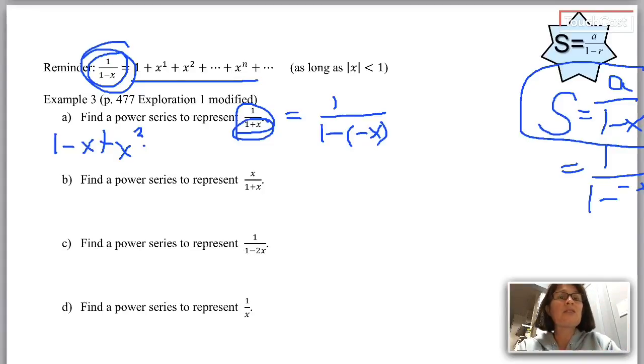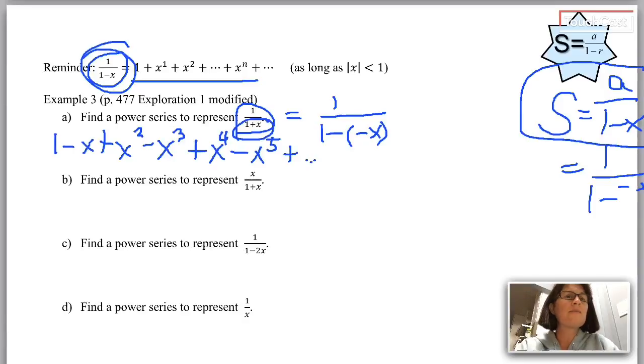That's going to make minus x cubed. Plus x to the fourth. And you can probably see how the pattern's going to go. Minus x to the fifth. Plus dot, dot, dot. There's my power series. If I had to add it up, it would add up to 1 over 1 plus x. Okay, so look at example B.